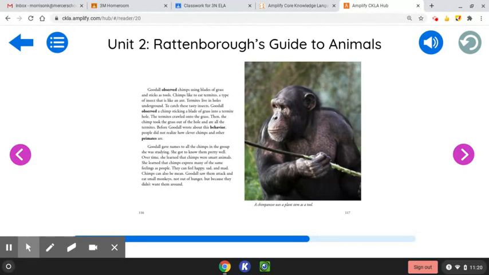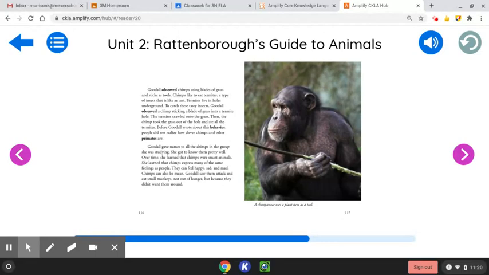Termites live in holes underground. To catch these tasty insects, Goodall observed a chimp sticking a blade of grass into a termite hole. Termites crawled onto the grass. Then the chimp took the grass out of the hole and ate all of the termites. Before Goodall wrote about this behavior, people did not realize how clever chimps and other primates are.